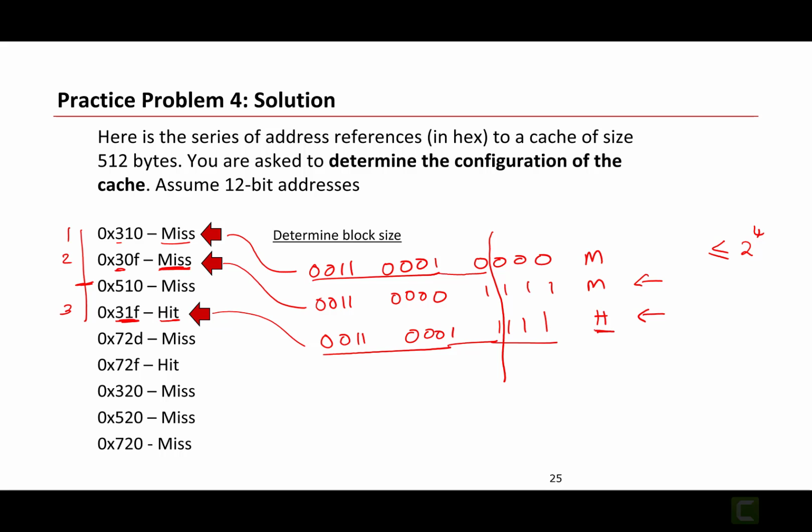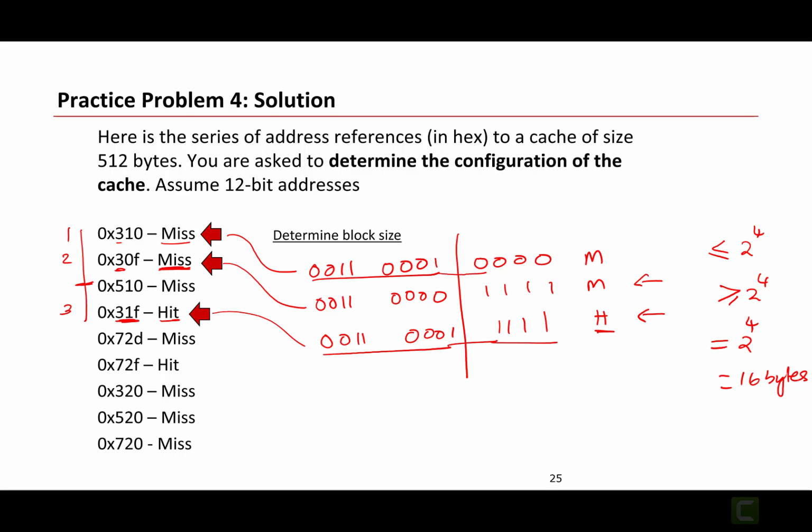Given that this is a hit, this is clearly not possible. So the block has to be at least as big as 2 to the power 4. Now if you combine these two constraints, you get the block size to be 2 to the power 4, which is 16 bytes.